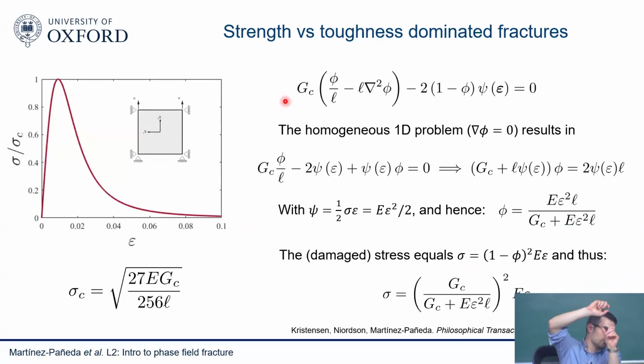It could be 2D, but you make it 1D in the sense that you hold the displacement at the bottom and apply the displacement at the top. Because everything is homogeneous, phase field is equal to 0 at the beginning, but it will start evolving until it gets equal to 1. Then you can plot it: the phase field goes from 0 to 1, and the stresses will do something like you see there. So it's a homogeneous problem, solving one element where you don't impose any non-uniformity, and you just pull.